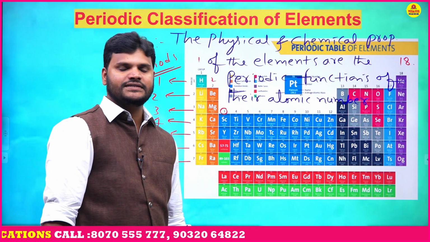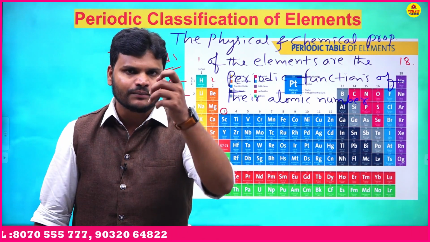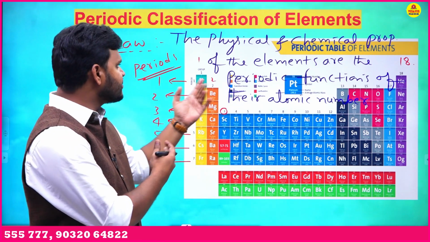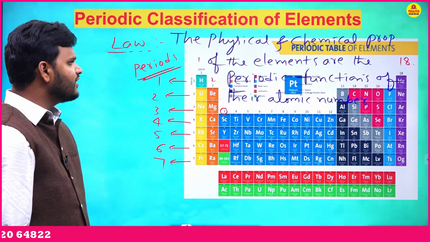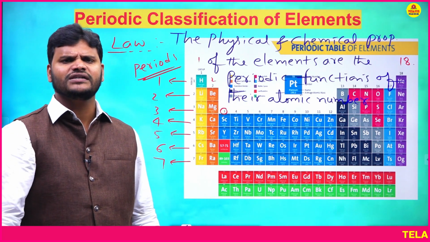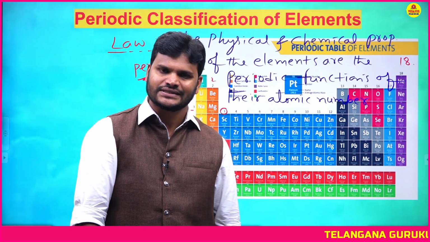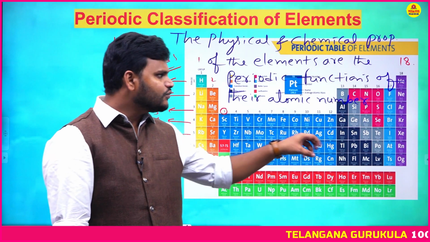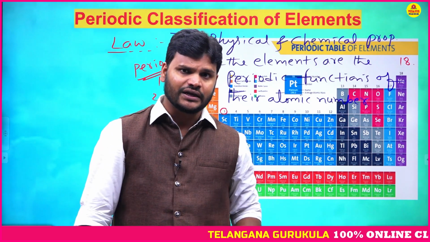Yes, this is the definition. So what is the modern periodic law? You have to give this statement: the physical and chemical properties of the elements are the periodic functions of their atomic number. Otherwise, you can say atomic number or electronic configuration. Is it clear? Yes. But actually this concept is based on Mendeleev's periodic law.